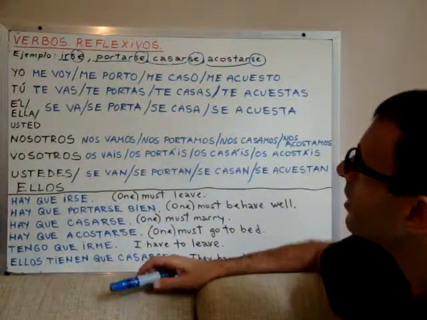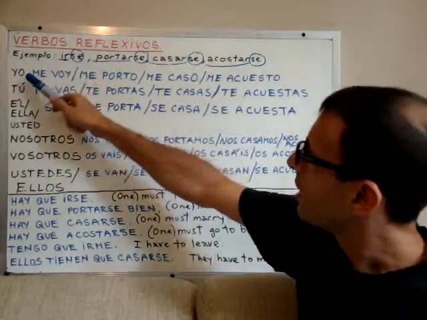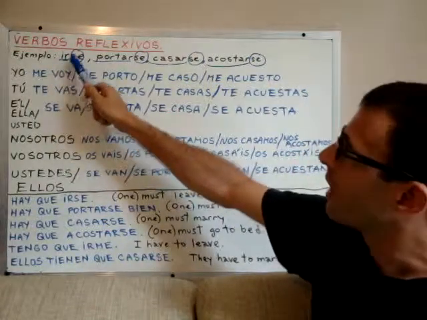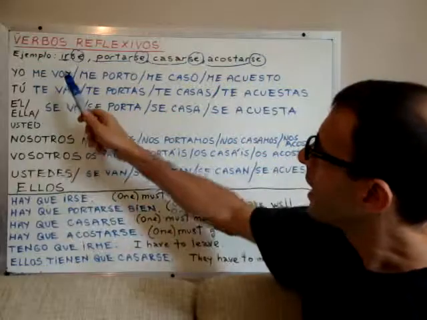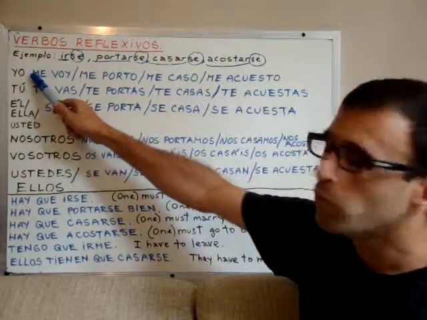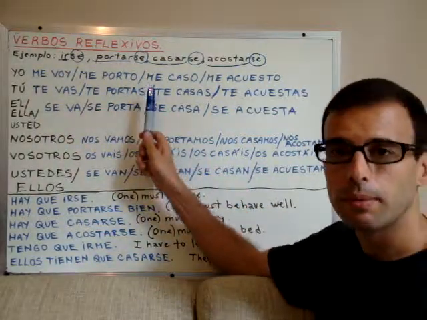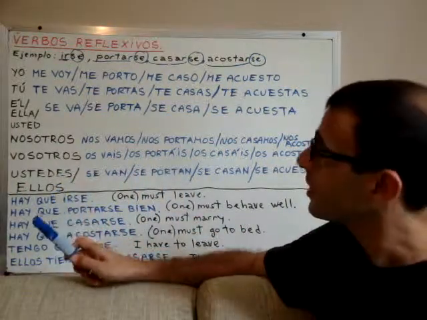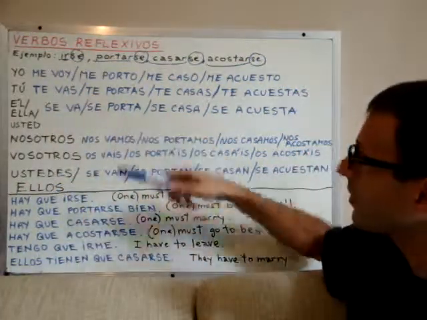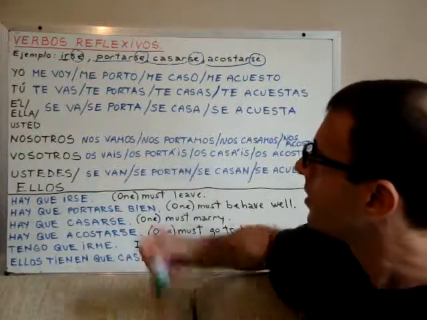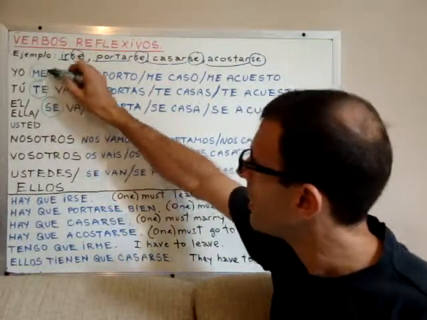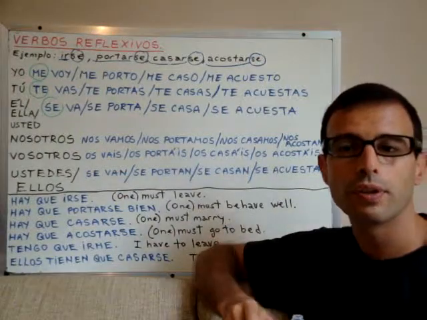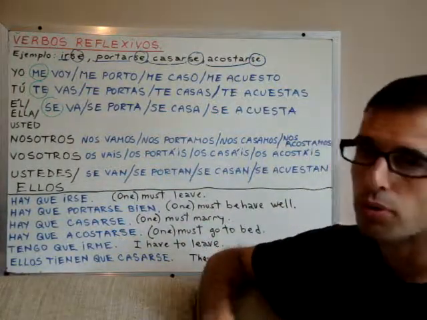So see how this works, how a reflexive verb is conjugated. And this will work for all the verbal tenses. Although this is present tense, this part will always remain the same for past, present, future, for all the tenses.